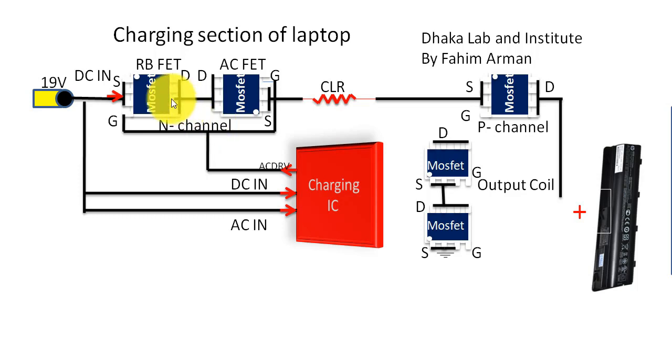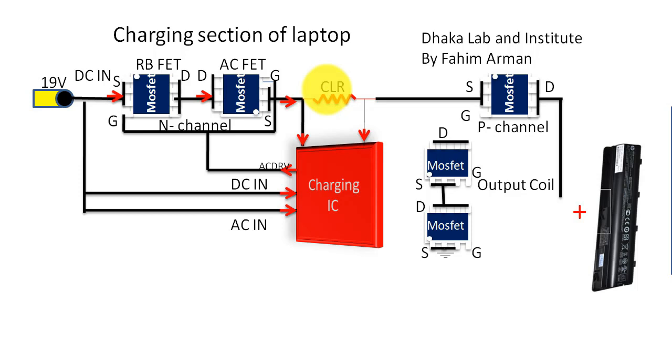After they are switched on, the source voltage will pass from source to drain, then from the drain to the second MOSFET's source, and the voltage will go to the CLR, and the CLR will pass the sense to the charging IC.